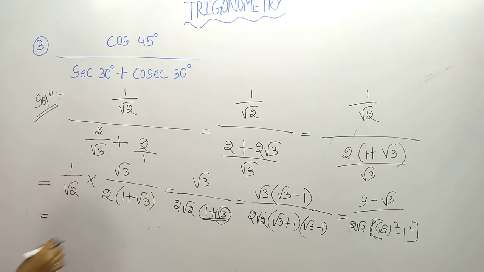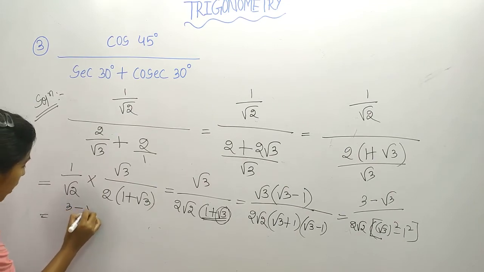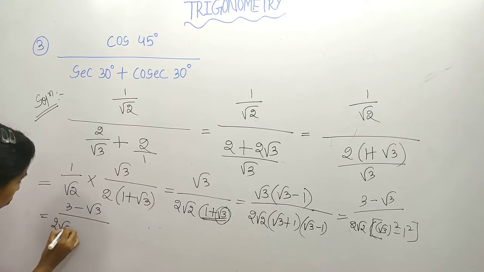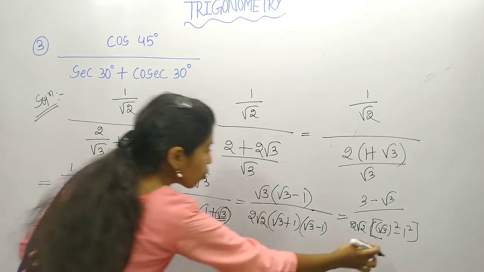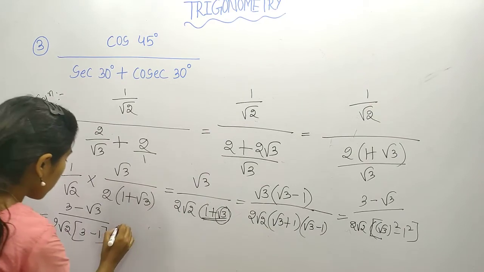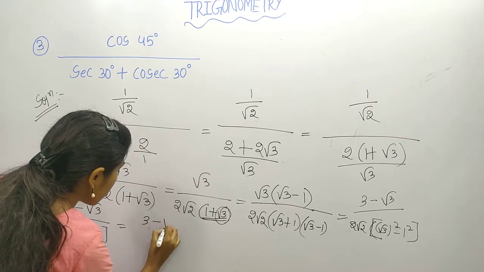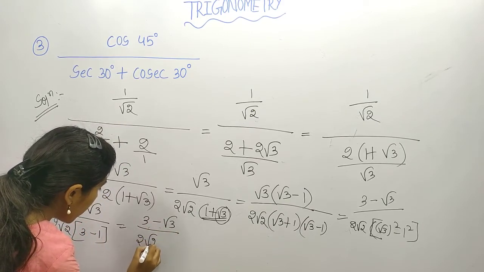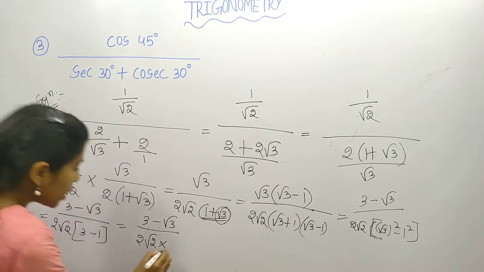Now what will happen? 3 minus root 3 divided by 2 root 2. In bracket you see root 3 square is 3, minus 1 square is 1. So 3 minus root 3 divided by 2 root 2 into 3 minus 1 is 2.